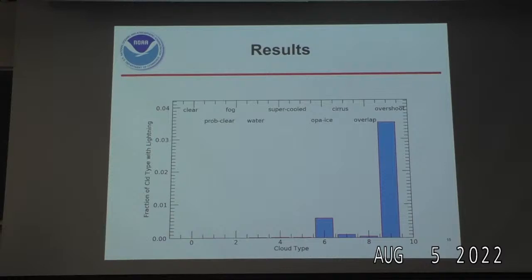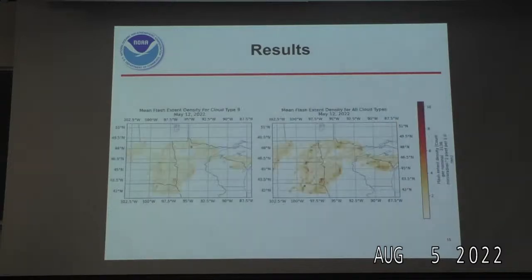But when you do get overshooting type clouds, those types of clouds actually have a higher percentage chance of having lightning. So you've got a 3.5% chance of the overshooting cloud type having lightning, versus the second one, cloud type 6, which is closer to 1% of all of that cloud type having lightning. So that was an interesting difference.